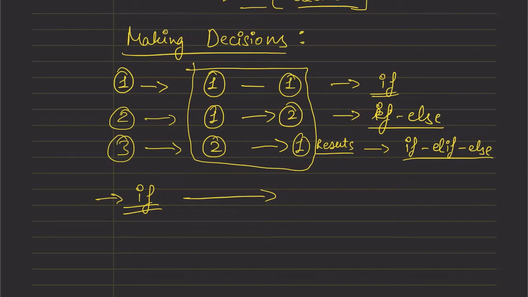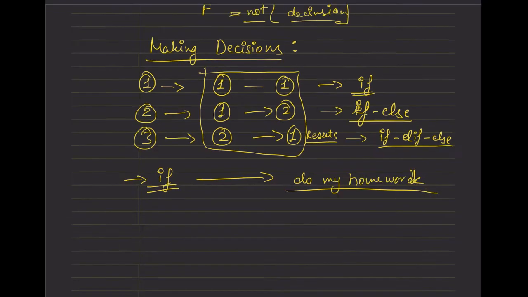The first situation is that I'm looking at whether I have to do my homework or not. The result is to do my homework. So this decision depends on only one condition, that is whether I have some homework or not.